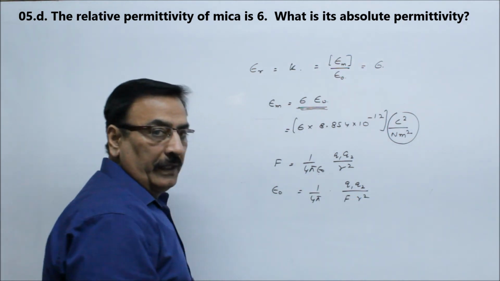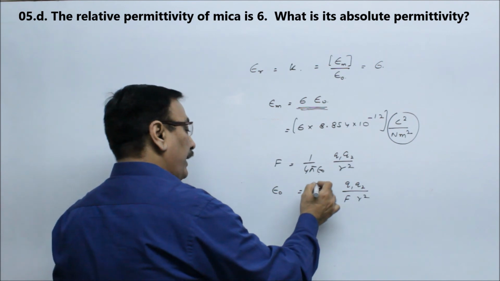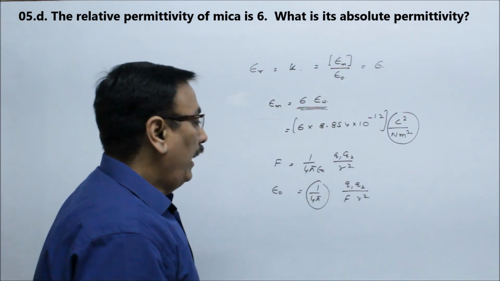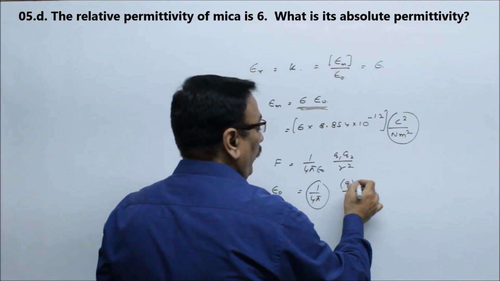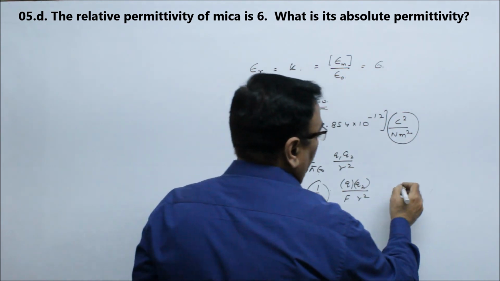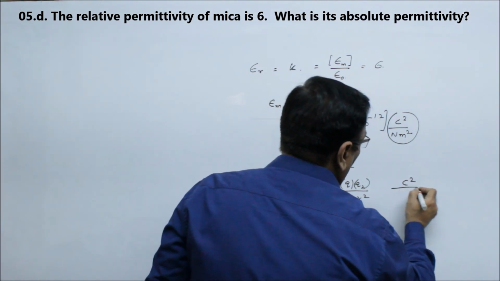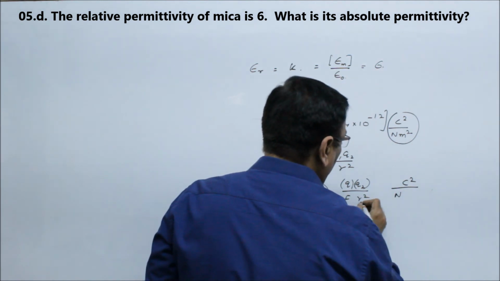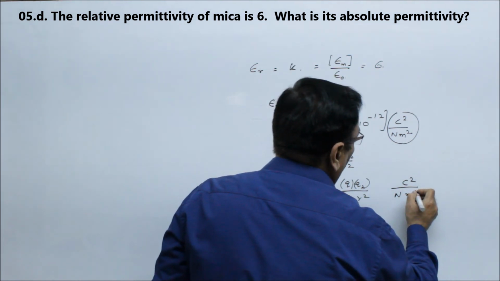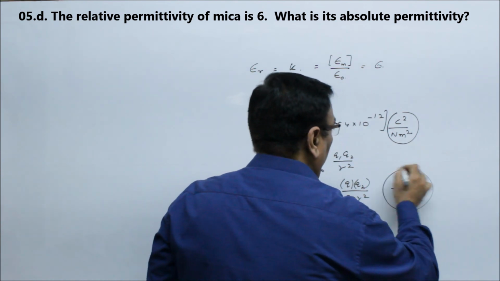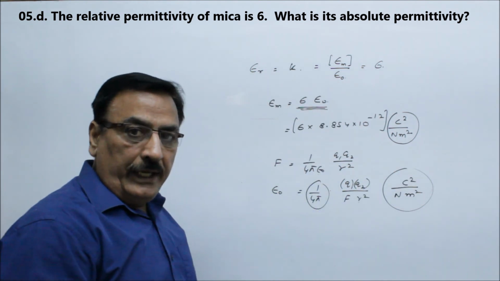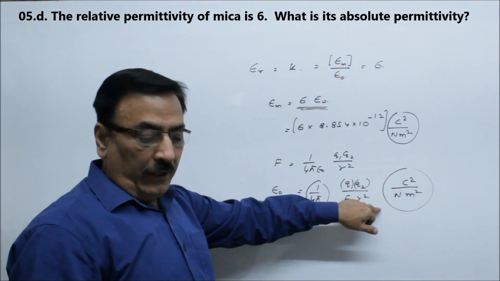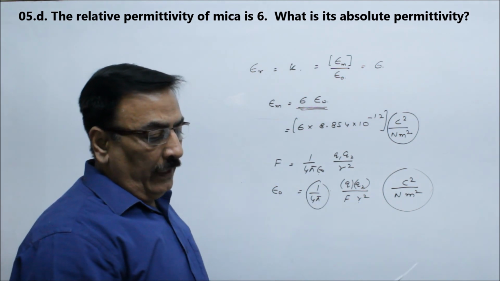Now let us see the units. No unit for 4 pi. What is the unit of the product of Q1 and Q2? It will be Coulomb square. What is the SI unit of force? Newton. And the distance unit in SI? Meters. So Coulomb square upon Newton meter square. In case you forget, you can find it out within no time.